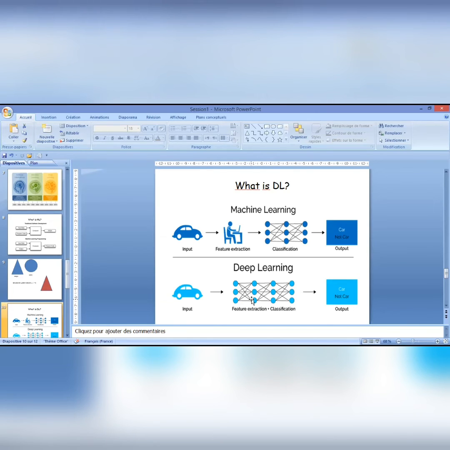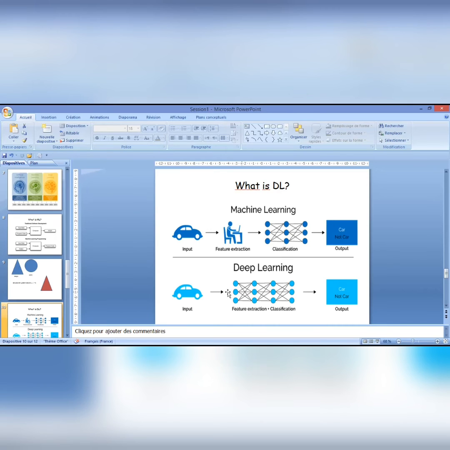It is about neural networks because it is trying to simulate how the human brain works. It is a kind of node connected one by one until having this very complex architecture of networks very similar to the neurons in a human brain, which are called neural networks.